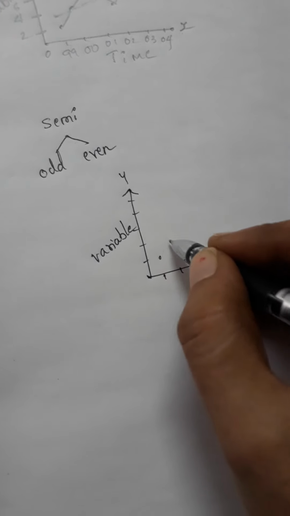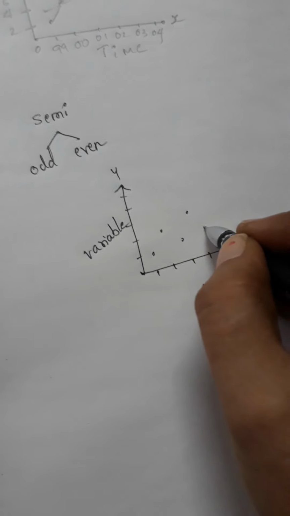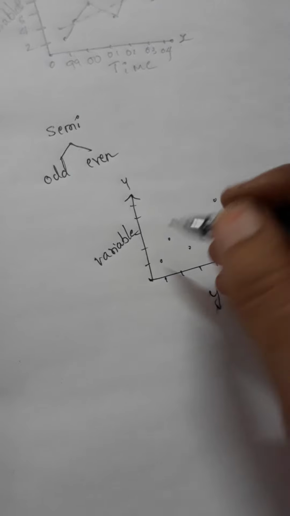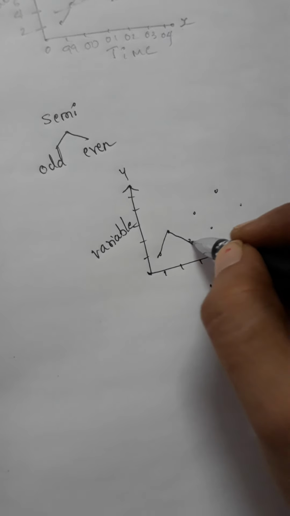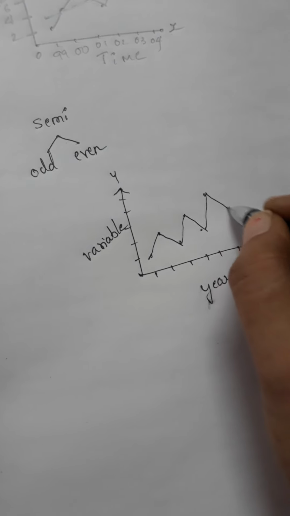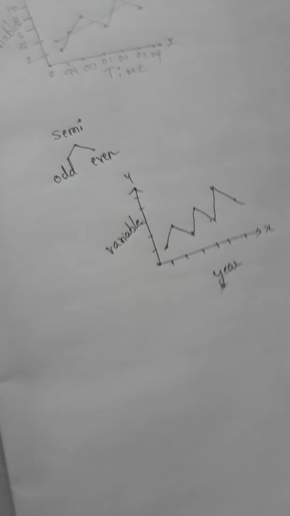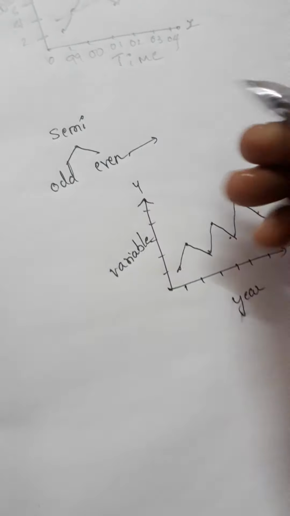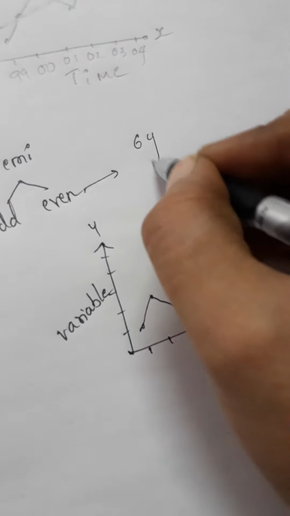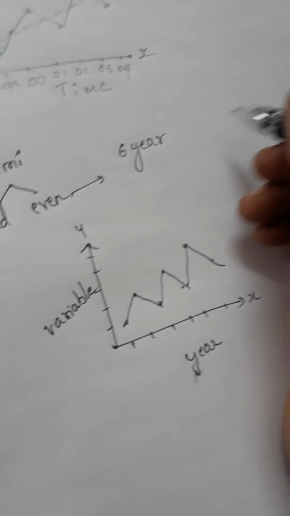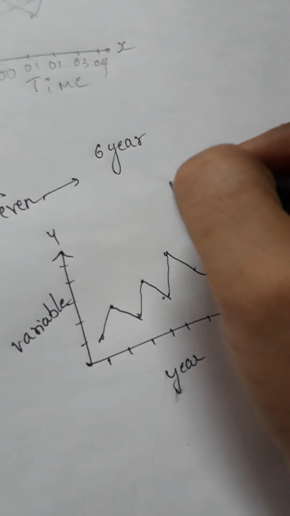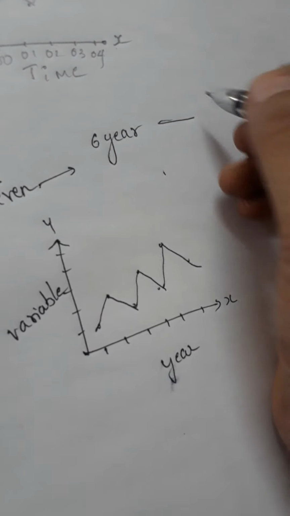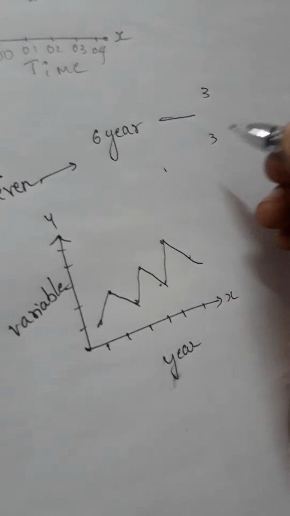Then for each year plot the values. These values will be based on the problem. This problem will show the histogram. Plot all the values. After plotting the values, if it is an even number of years, for example 6 years of information, divide the 6 years equally, above 3, below 3.